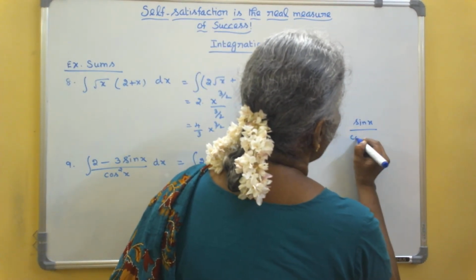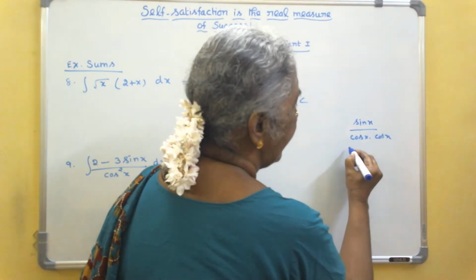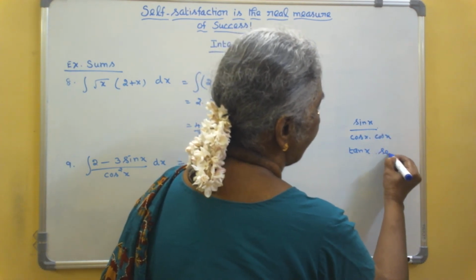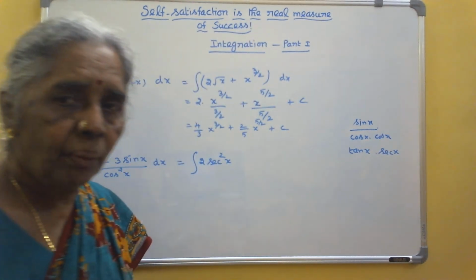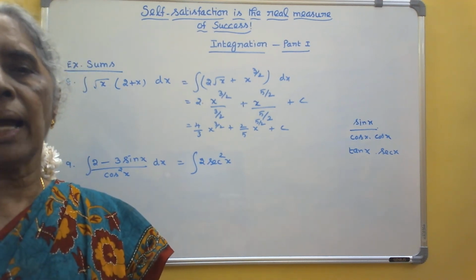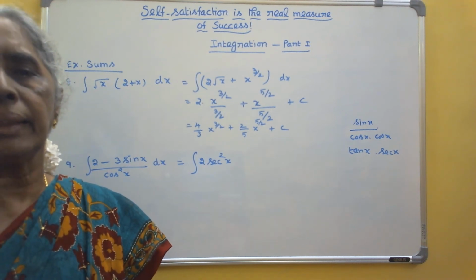Sin x by cos squared x, I am writing cos x into cos x. Sin x by cos x, I can write tan x. 1 by cos x, I can write secant x. Because I have a formula, integral secant x tan x dx is secant x plus c. For that I am writing it in that format.